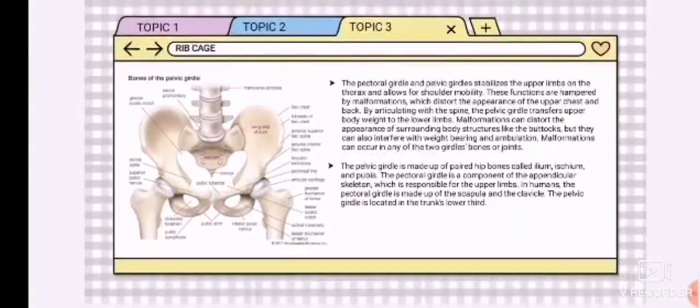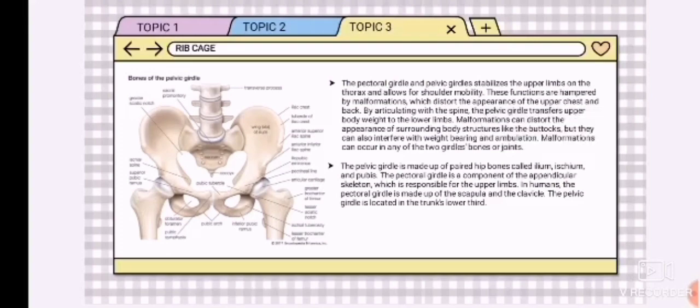The pectoral girdle and the pelvic girdle stabilize the upper limbs and the thorax and allow for shoulder mobility. These functions are hampered by malformations which distort the appearance of the upper chest and the back. By articulating with the spine, the pelvic girdle transfers upper body weight to the lower limbs.